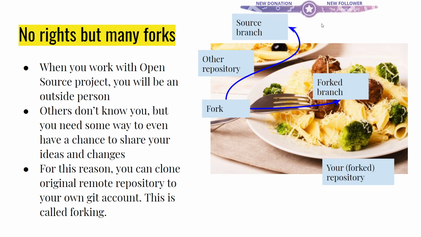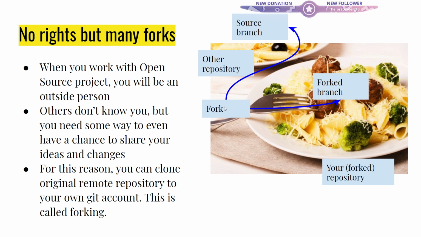And let's analyze this picture right there. Somewhere here we have a source repository. Let's say this is the from 0 to 0 bootcamp repository, my repository. And now a student would like to work on this repository as if it was his own.